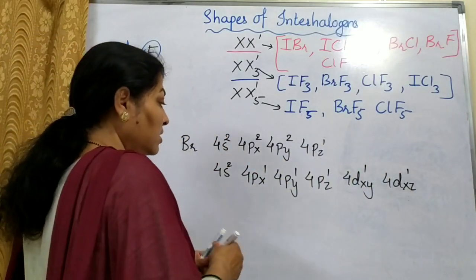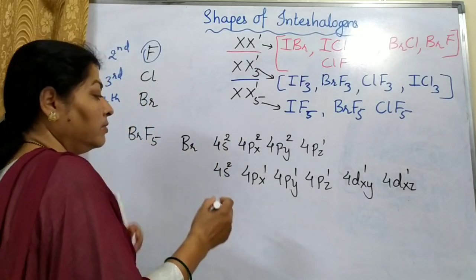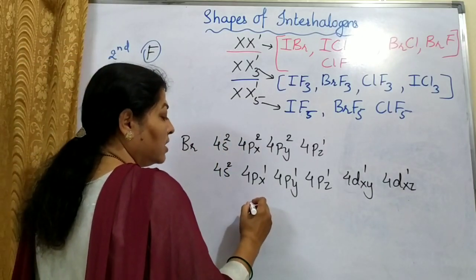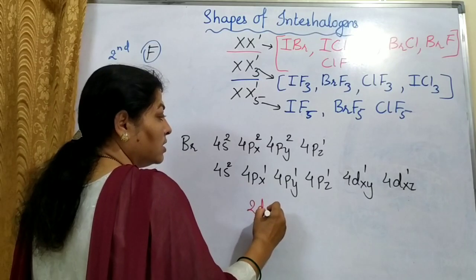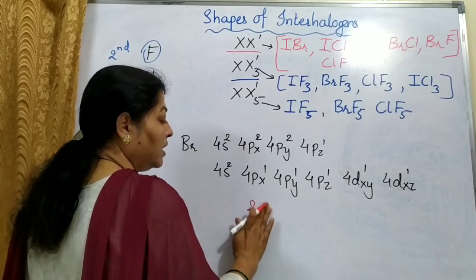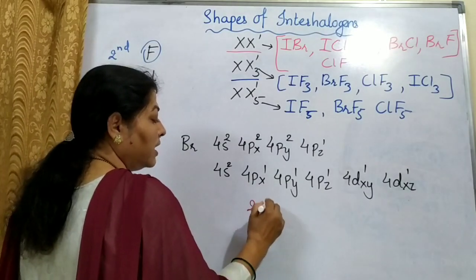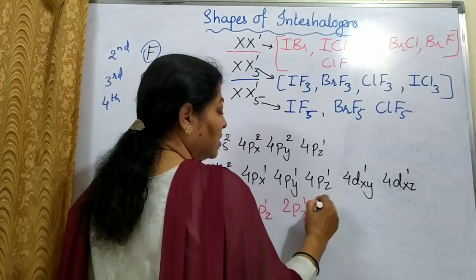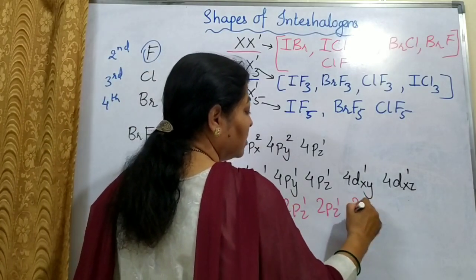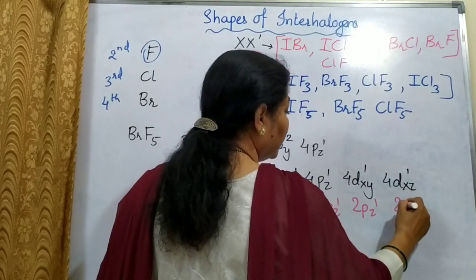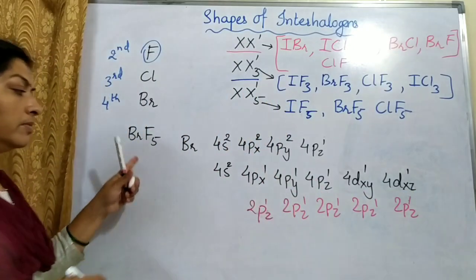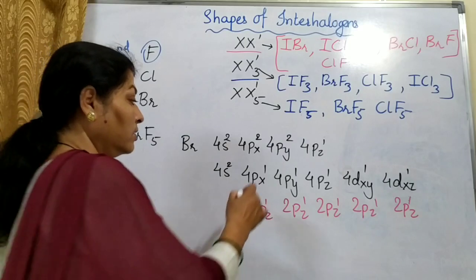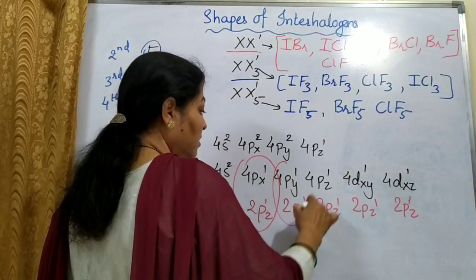So now there are 5 electrons available. In this, the F atom will, through its 2p, 2pz1, 2pz1, 2pz1 and 2pz1, each fluorine atom's pz electron will form a bond pair.